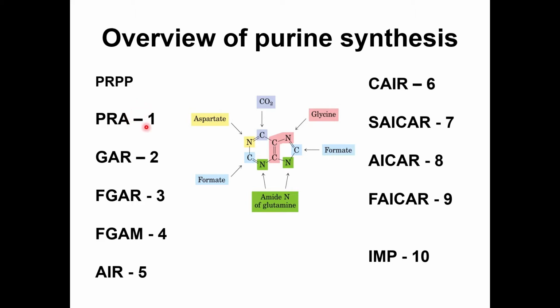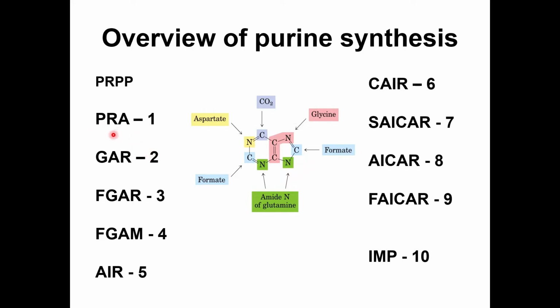So the very first step: there are two rings in the purine. First we will synthesize the second ring. First of all, phosphoribosylamine is formed, in which glutamine contributes N9, the last nitrogen atom that is added first.